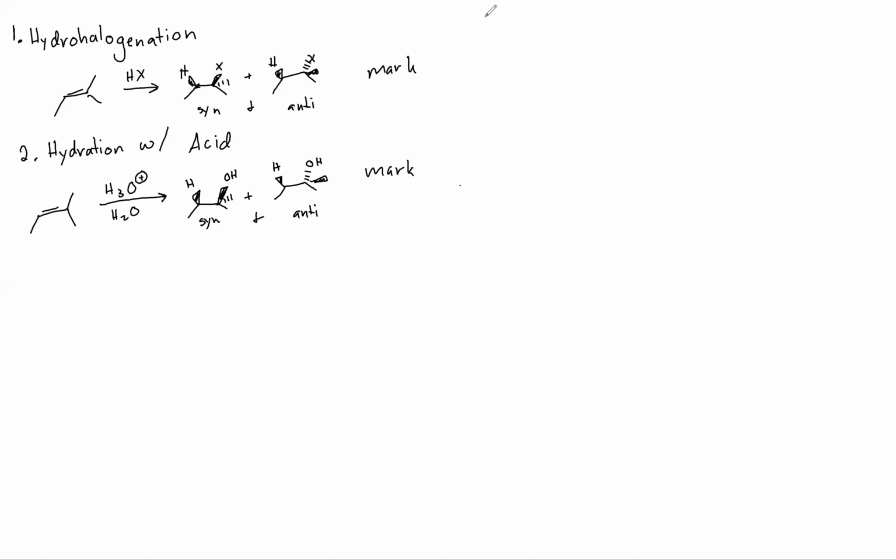3 is going to be halogenation. All right, halogenation, essentially we end up with, we're going to use X2, where X is I, Br, Cl once more.